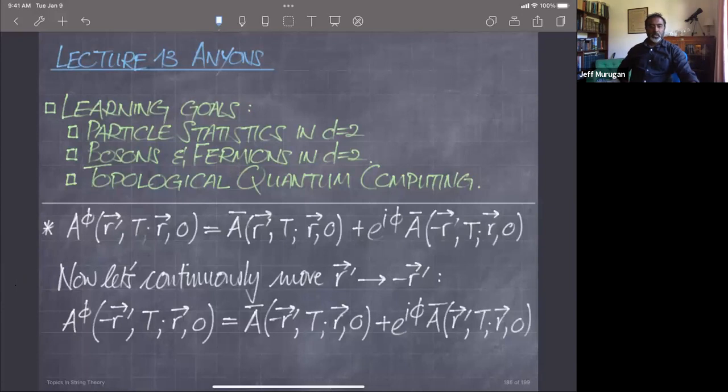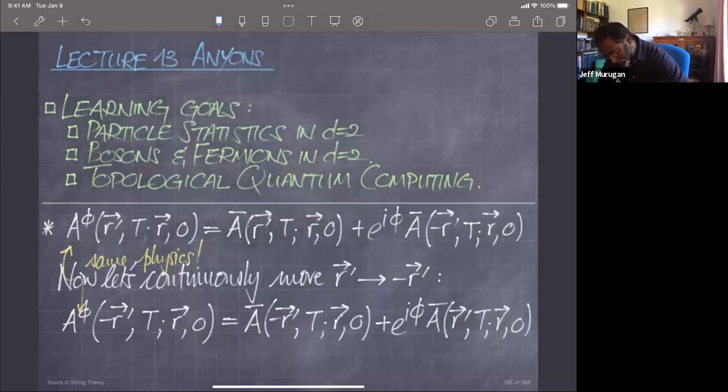So what does this plot mean? Well, I also know that the two particles are identical, which means that the R prime configuration and the minus R prime configuration are really the same thing, which means that the two amplitudes describe the same physical process. And if that's the case, then that necessarily means that they can only differ by, at most, a phase.